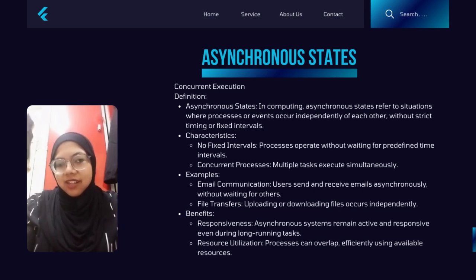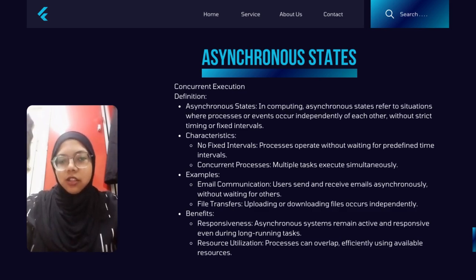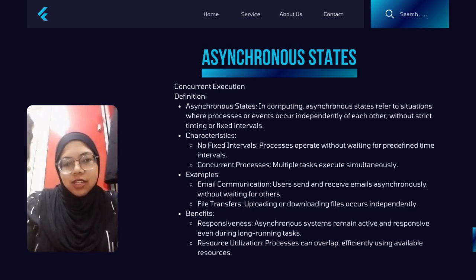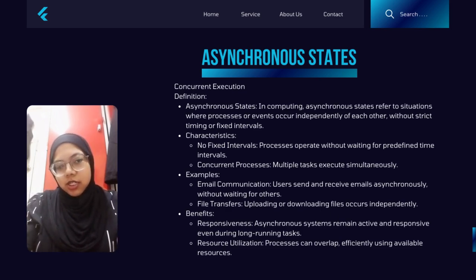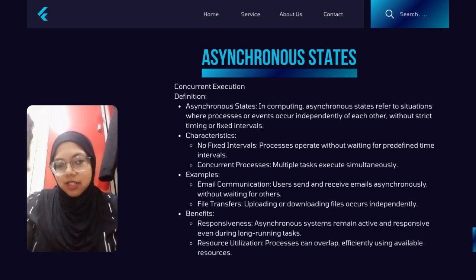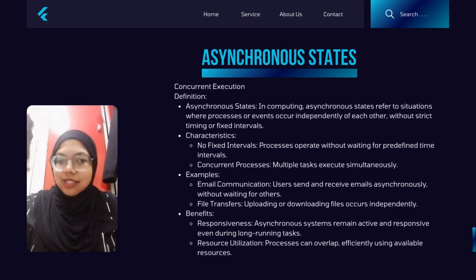There are a few characteristics of the asynchronous state. First, there is no fixed interval. The processes don't wait for predefined beats. They act when ready. Second is concurrent execution, where multiple tasks perform their steps simultaneously. As an example, you can take email communication. When you send an email, it travels asynchronously through servers, reaching its destination without waiting for the other emails.